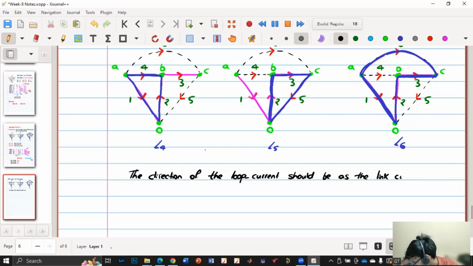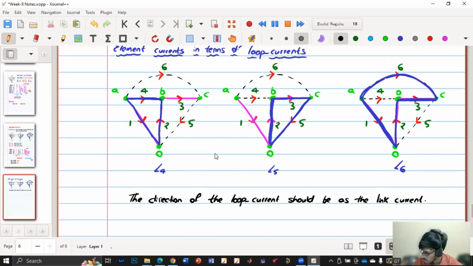Whatever link is closing the fundamental loop, we should consider the current direction in the same way. So here we'll consider this as the current. Here, we'll consider this as the current. Here, we will consider this as the current. Got it?